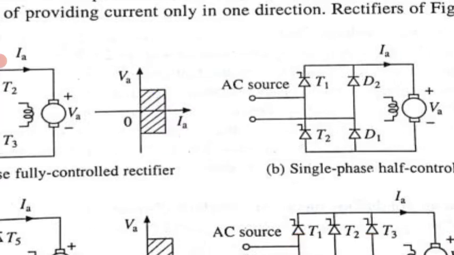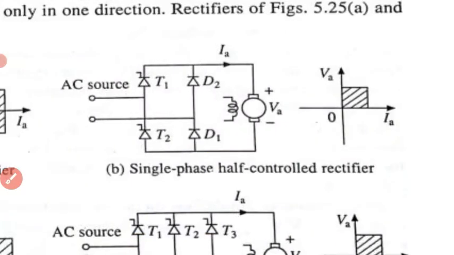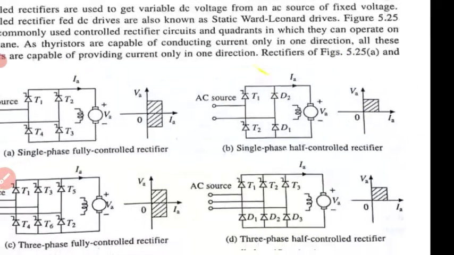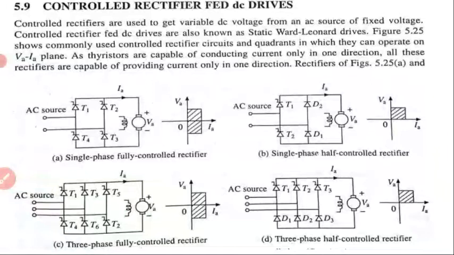Whereas in a half controlled converter we cannot get the fourth quadrant because of the diodes. The diodes do not allow flow, and only one direction is obtained. This is the difference between motoring operation and regenerative braking operation.